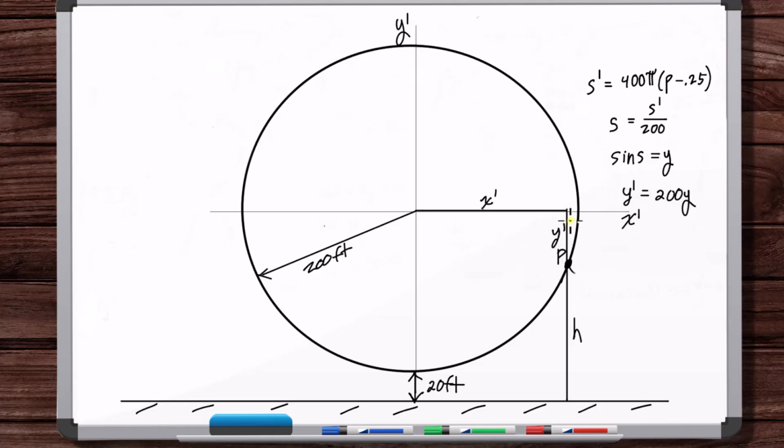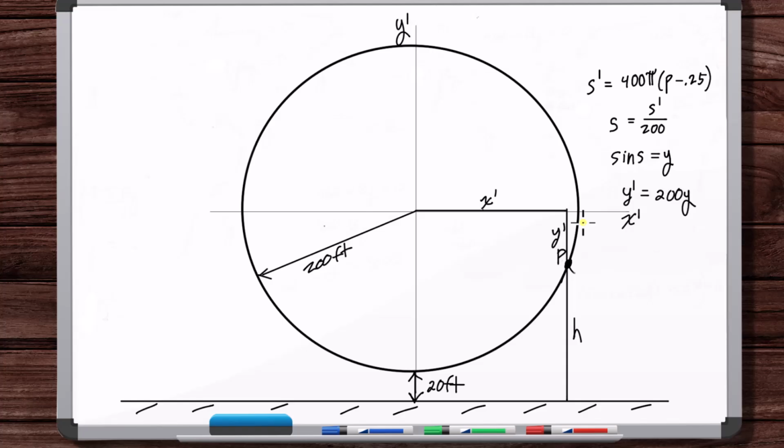But we need to do this correctly, because in actuality y prime here is a negative value. Just thinking about it as a magnitude for the moment, we add up 200 plus 20, this whole length, and then take out this amount. And then we've got h.